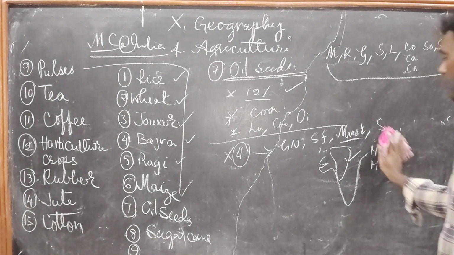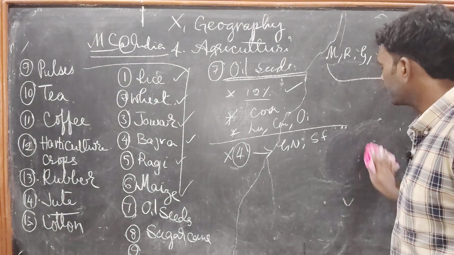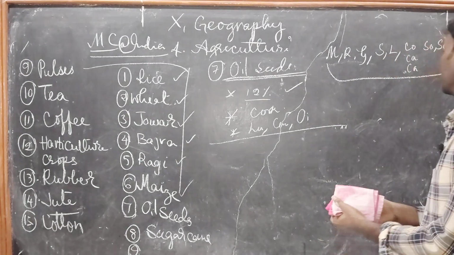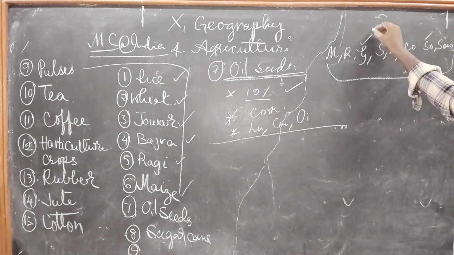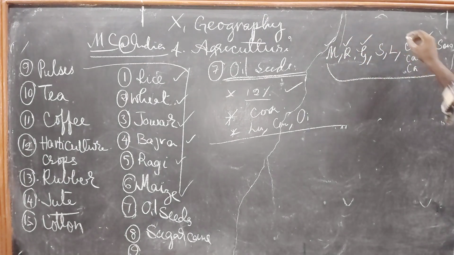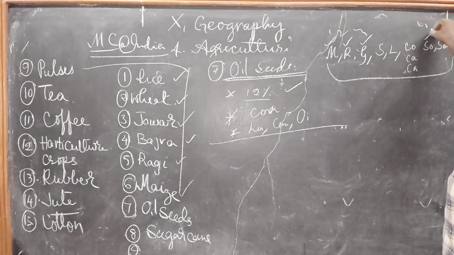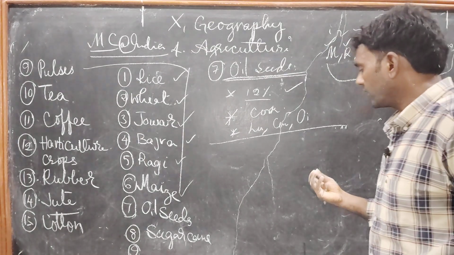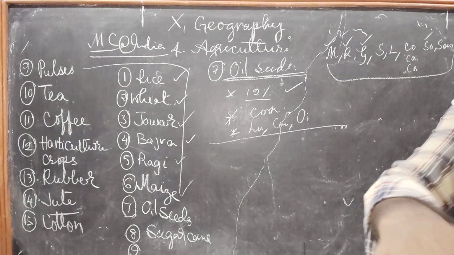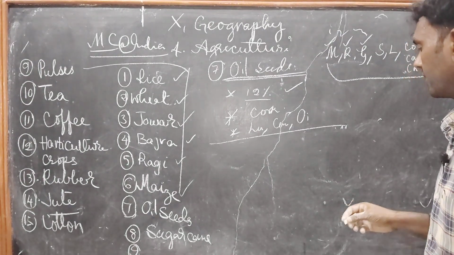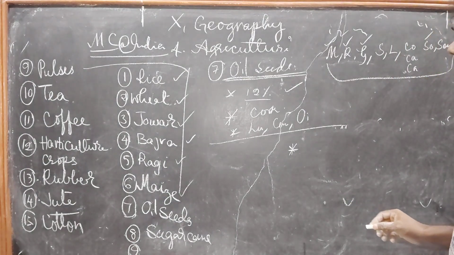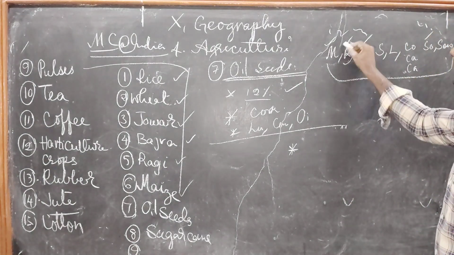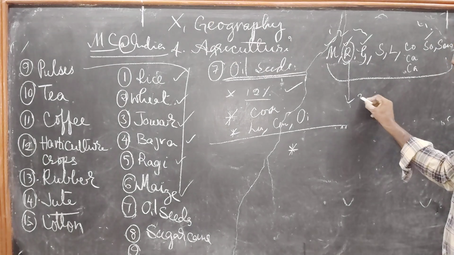Okay, we need to discuss one more topic, after soybean, groundnut, mustard, and rapeseed. A very important point here is rapeseed cultivation, in which India occupies 3rd place.